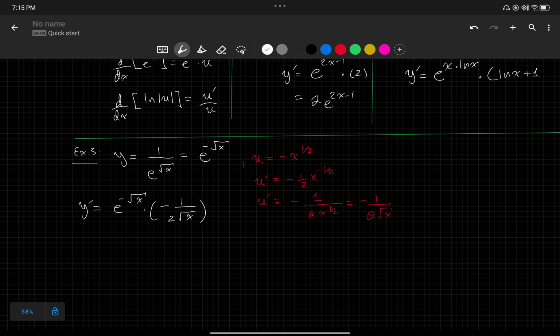We can send e to the negative square root of x back downstairs. So if we do that, negative 1, and then everybody in the bottom, e to the square root of x, and then there was a 2, and then there was a square root of x. So something like that, roughly.